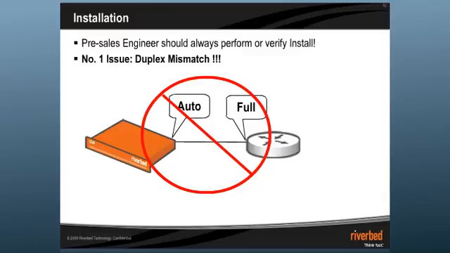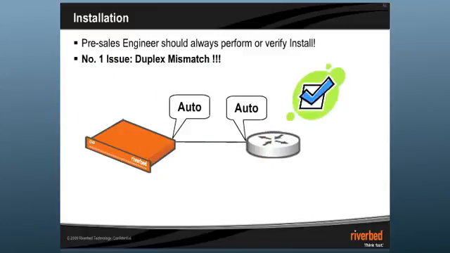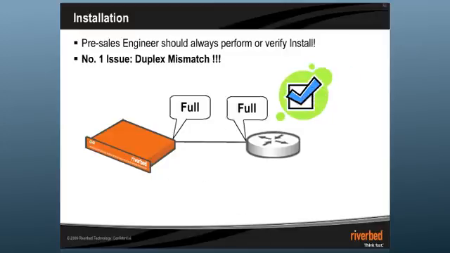And so you're going to end up with a duplex mismatch. Absolutely. So what you really want to make sure is that you have auto on both sides, or you want to have full duplex on both sides.